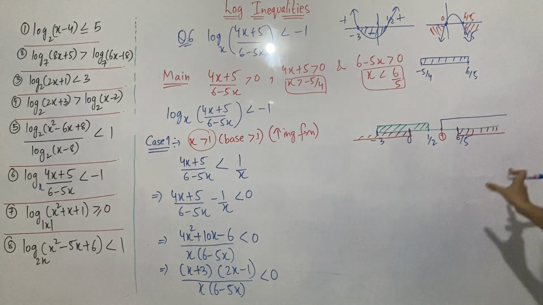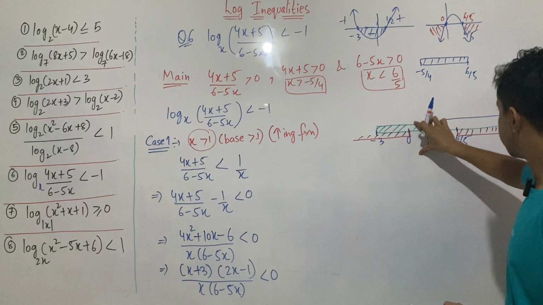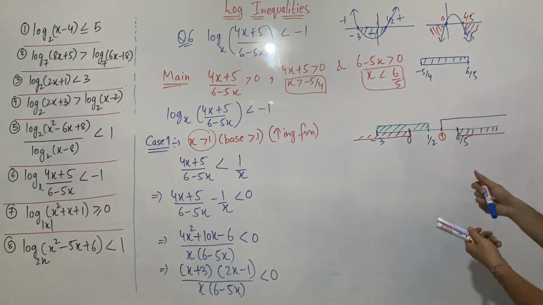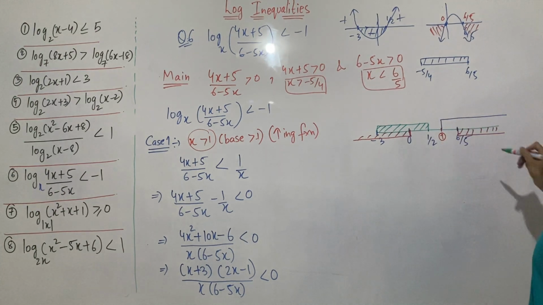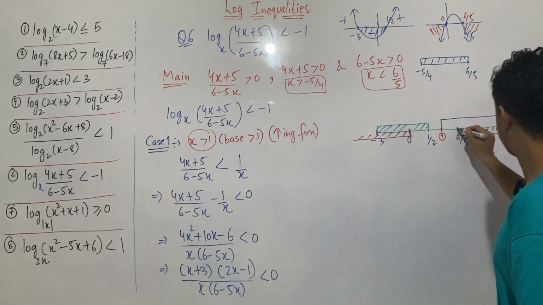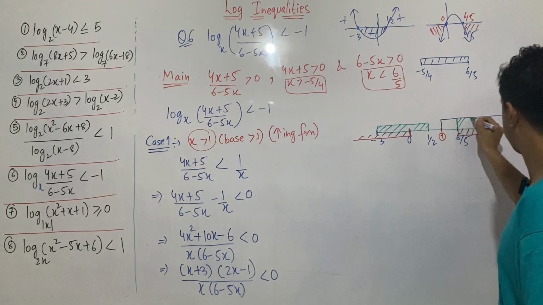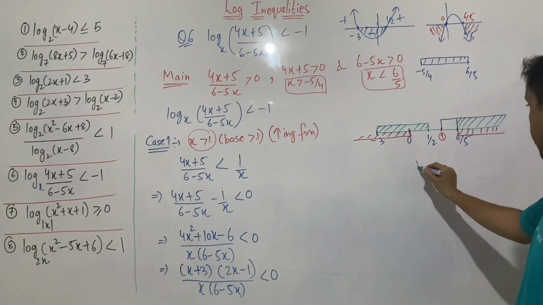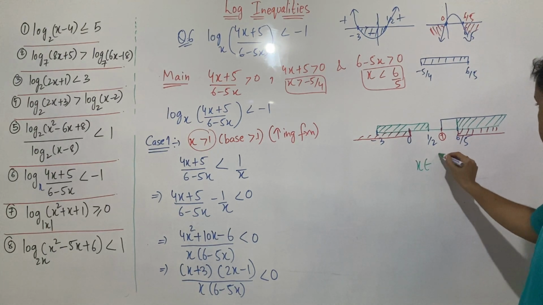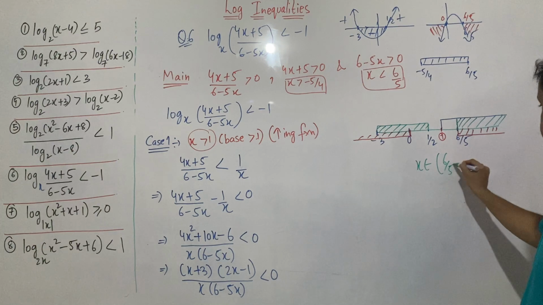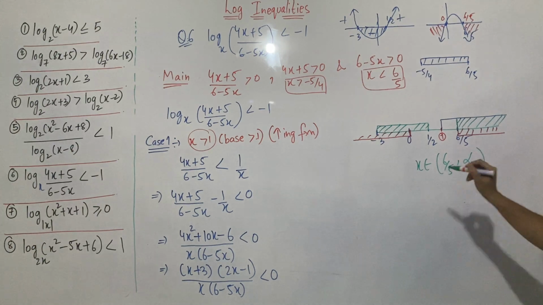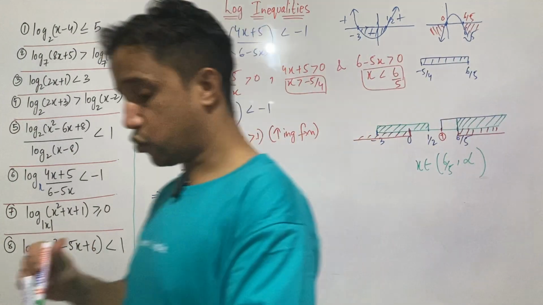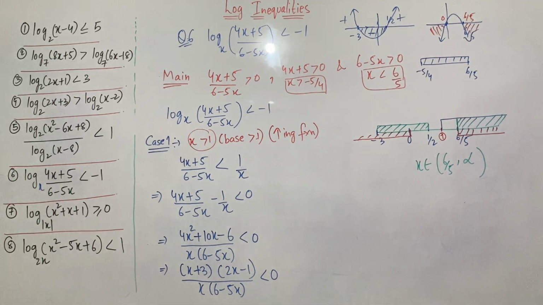So what's common between this and this? You can see this is going to be the common area. So from here, x is going to be 6 by 5 to infinity. I hope this is visible to you.